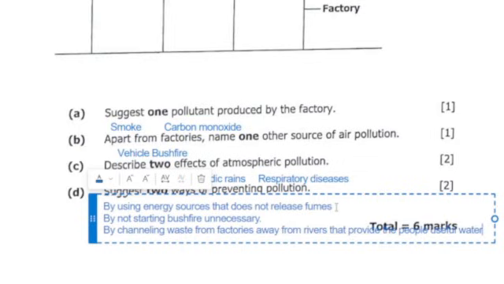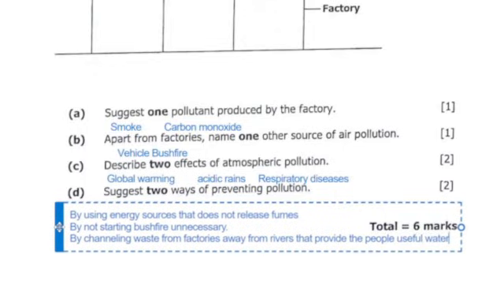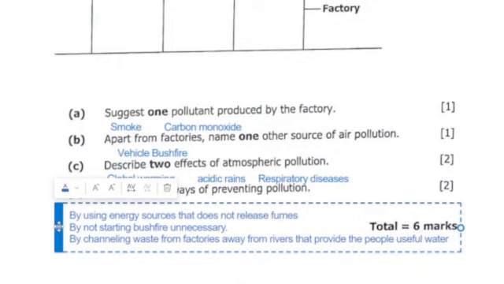Okay, so if you have a factory that releases wastes, you make sure that you channel the drainages or the wastes coming from the factories away from the water that is being used by the people, so that you don't contaminate the water.